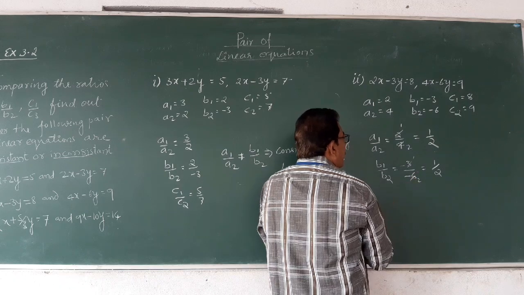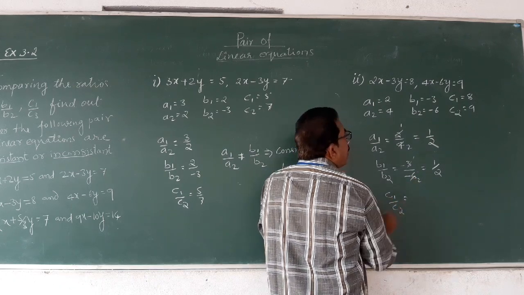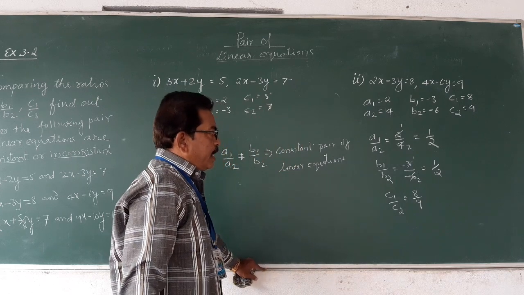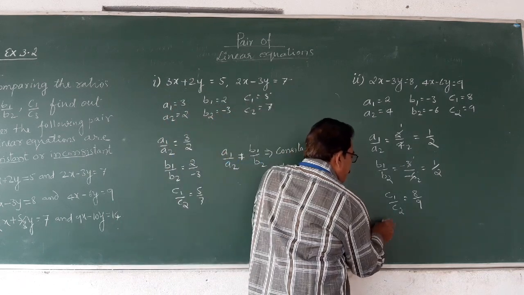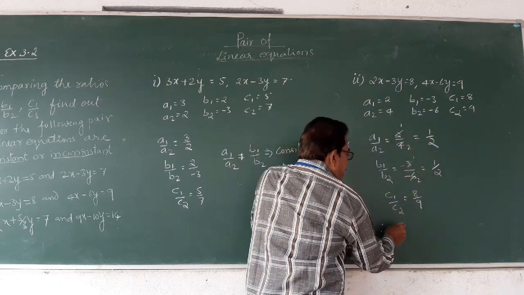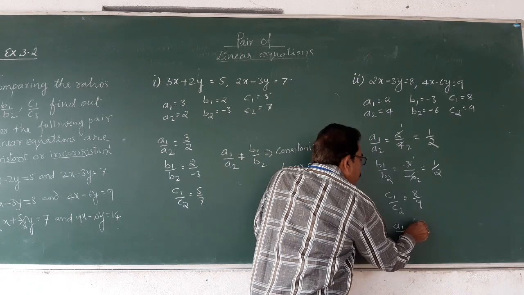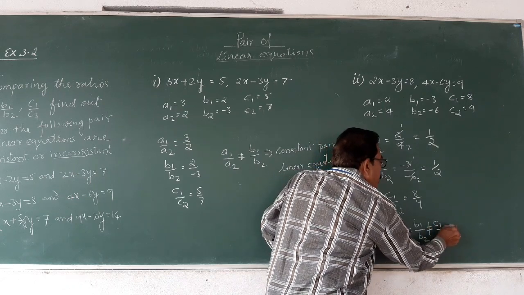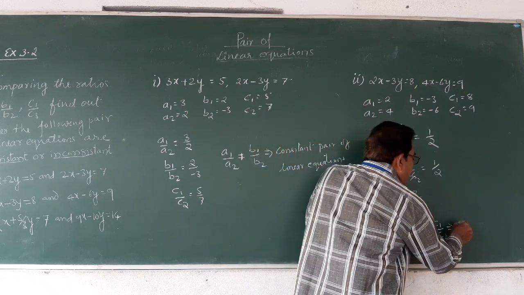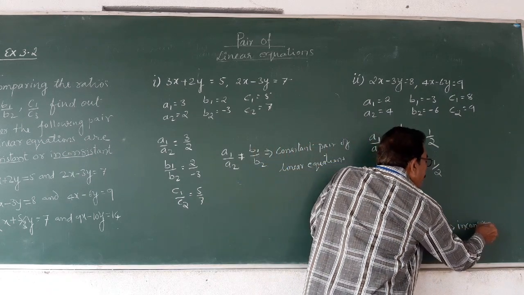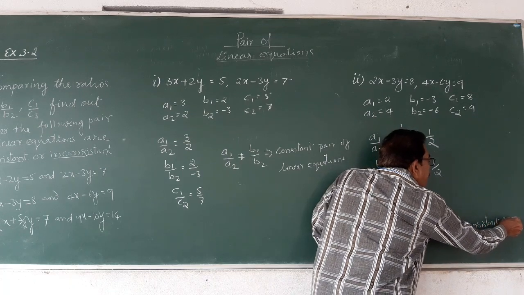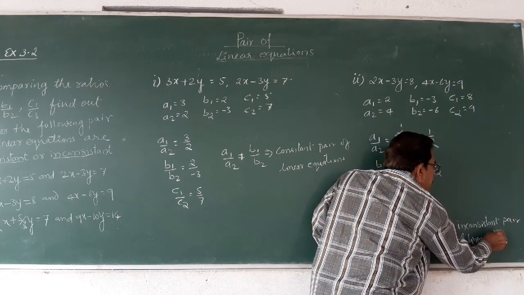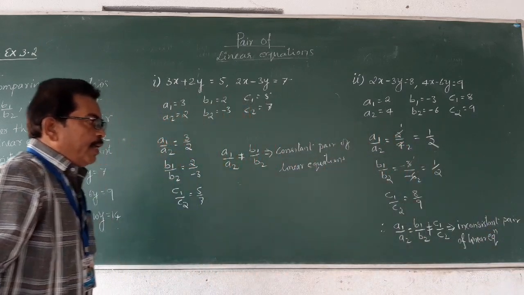Then c1 by c2 equals 8 by 9. Therefore, by observing the ratios obtained, a1 by a2 equals b1 by b2, which is not equal to c1 by c2, implies an inconsistent pair of linear equations.